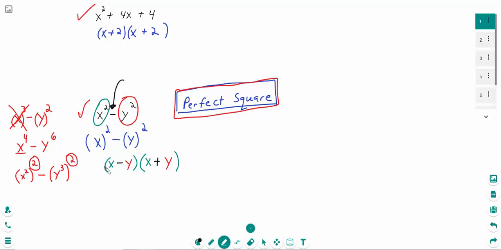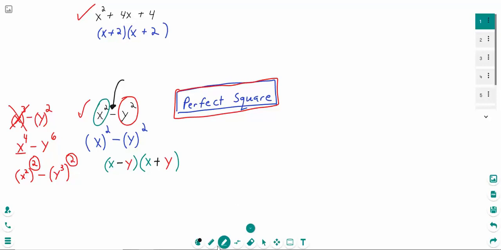One pitfall to avoid here is this factoring of a perfect square only works if this sign is negative. I'll say that again because this is really important. This is a common mistake that people will make. This method will only work if the sign is a negative between the two terms.